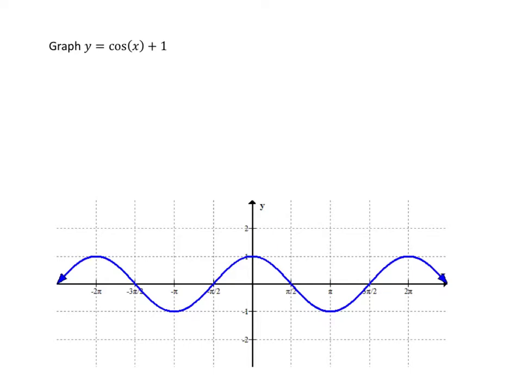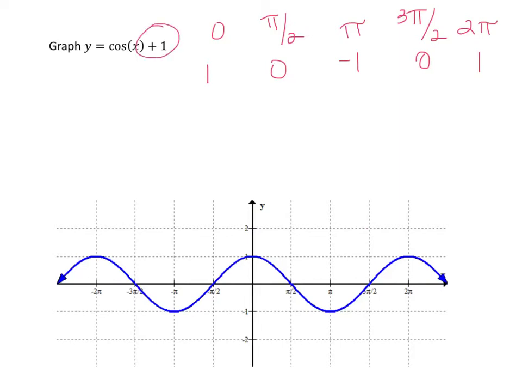Now we'll take a look at vertical shifts. Vertical shifts are a little bit different because they're a value that's either added or subtracted to the entire function, not within the parentheses. So I've graphed cosine of x plus 1, if I'm looking at this on my table. With a vertical shift, you simply add or subtract this value.